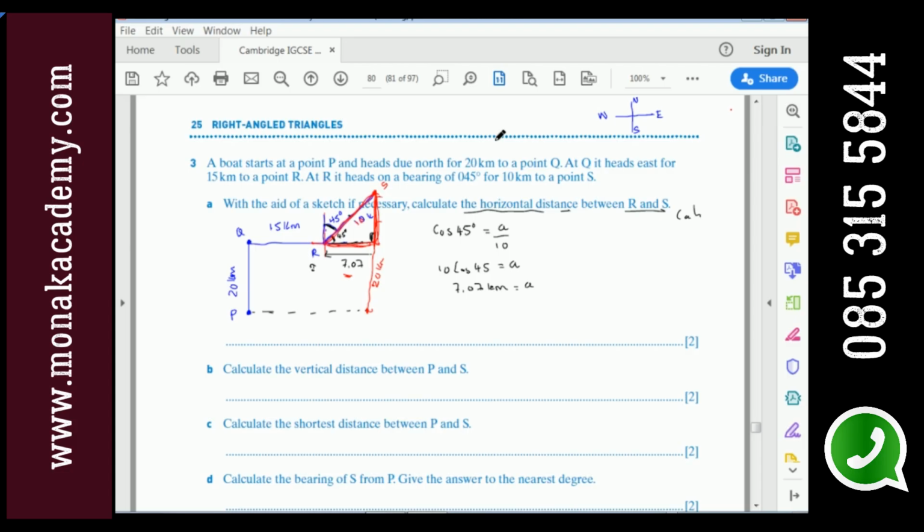Check in your book. So cos or tan, which one are we going to use? Cos. Okay. Cos, is it going to help us? Because look, the angle that is given is 45 here.